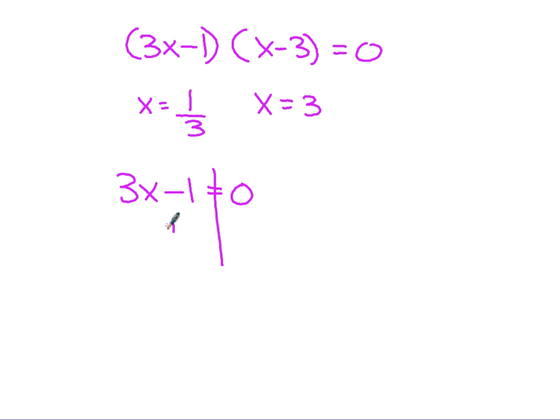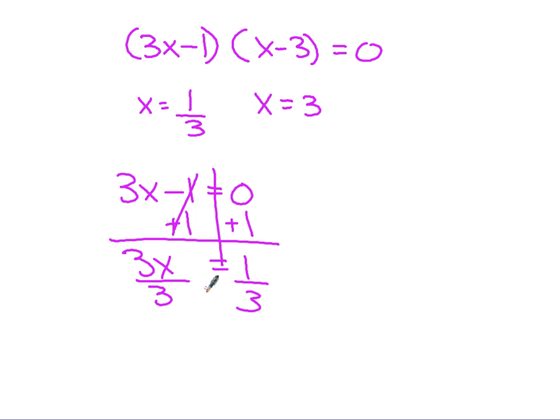But if you don't feel comfortable with that, you can just solve it like an equation with 1 and then divide everybody by 3. So you'll get the same answer either way. I just figure, why do more work than you need to? So since these are our two solutions, write it in your braces. There you go.